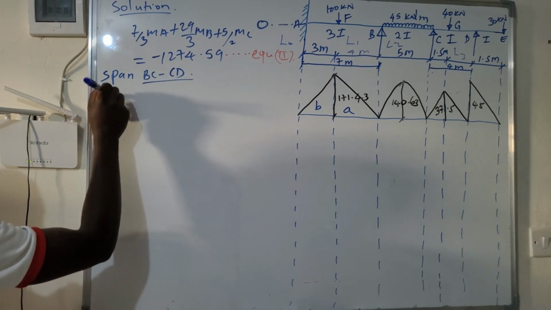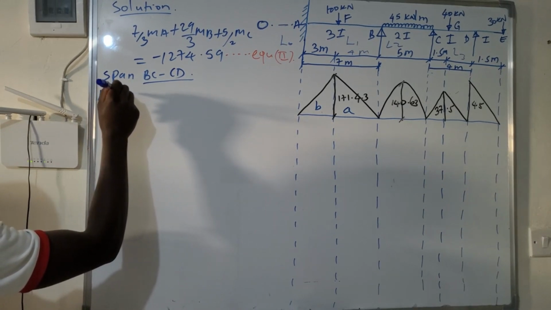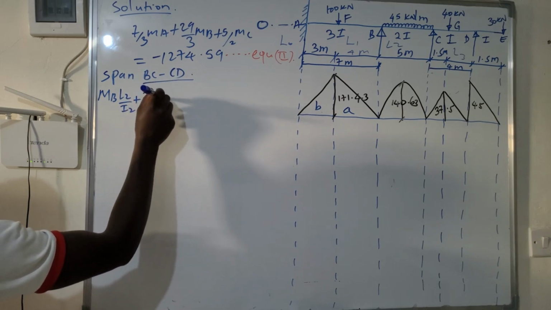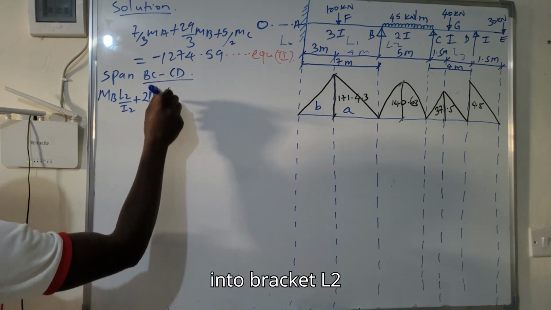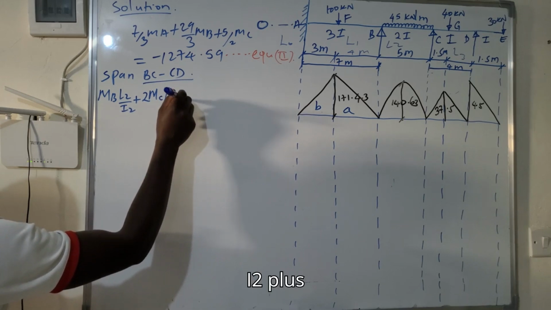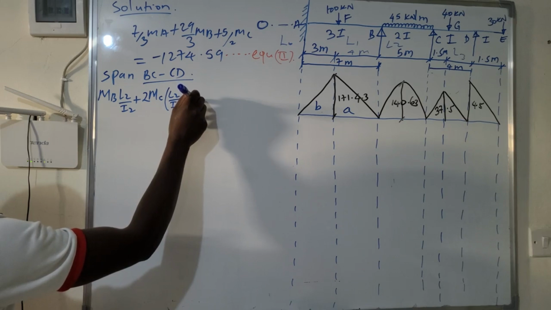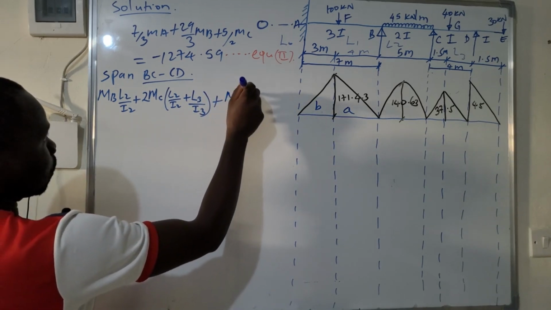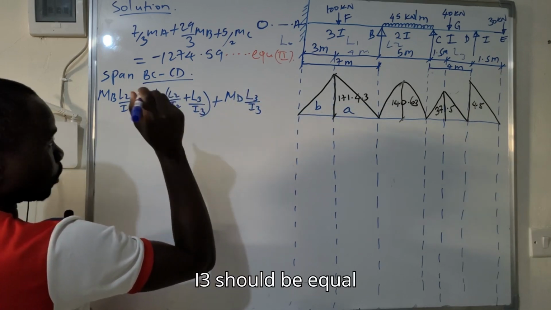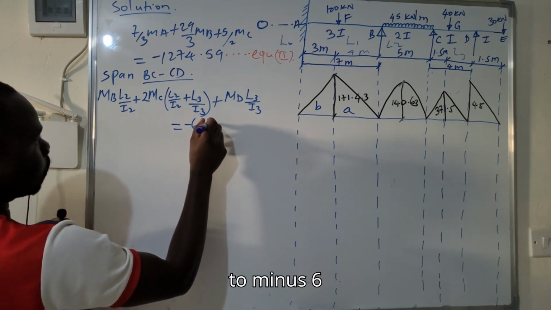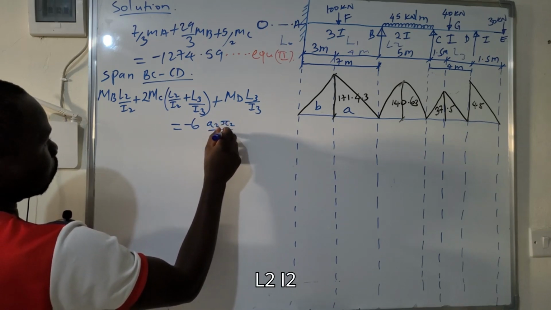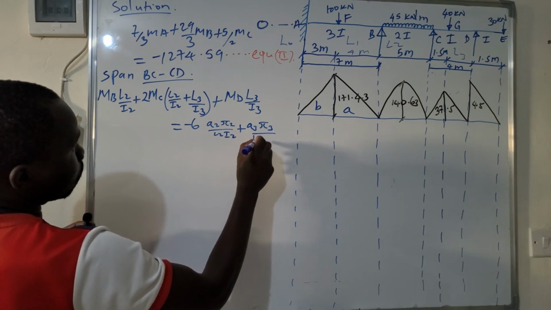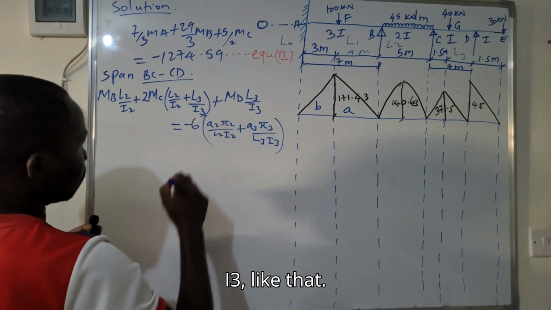So let's say MB L2 I2 plus 2 MC into bracket L2 I2 plus L3 I3 plus MD L3 I3 should be equal to minus 6 A2 X bar 2 L2 I2 plus A3 X bar 3 L3 I3, like that.